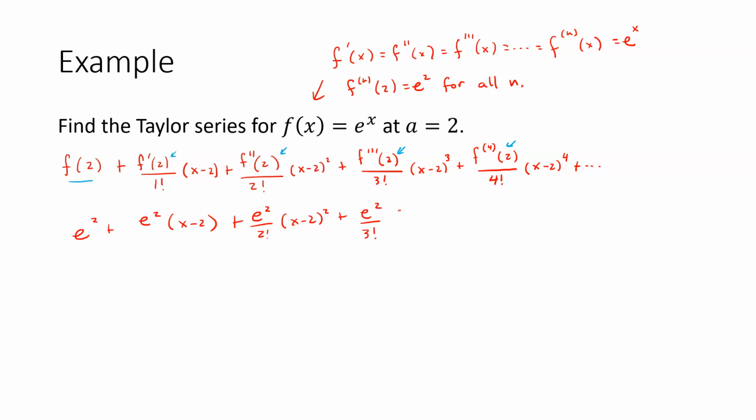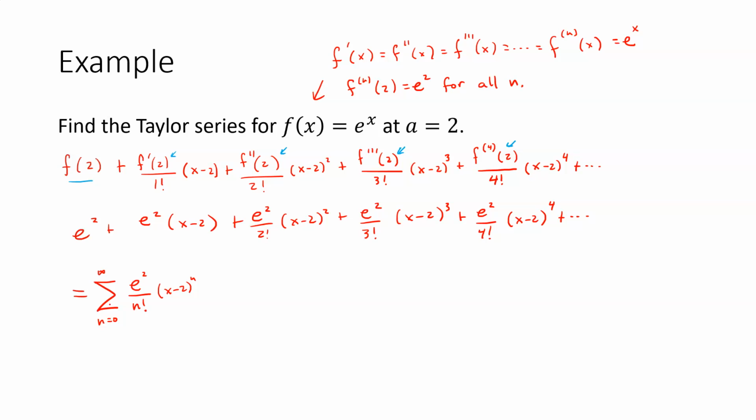Okay, so we can just fill in e squared for all those values in the formula. So here, writing it in summation notation, it's going to just be the sum of e squared over n factorial times x minus 2 to the n, going from 0 to infinity.